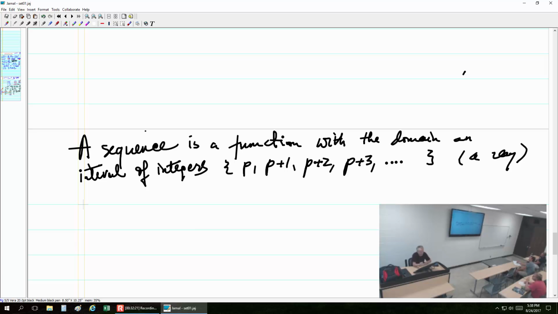Okay, so the notation is usually like this. This is the abbreviated notation.